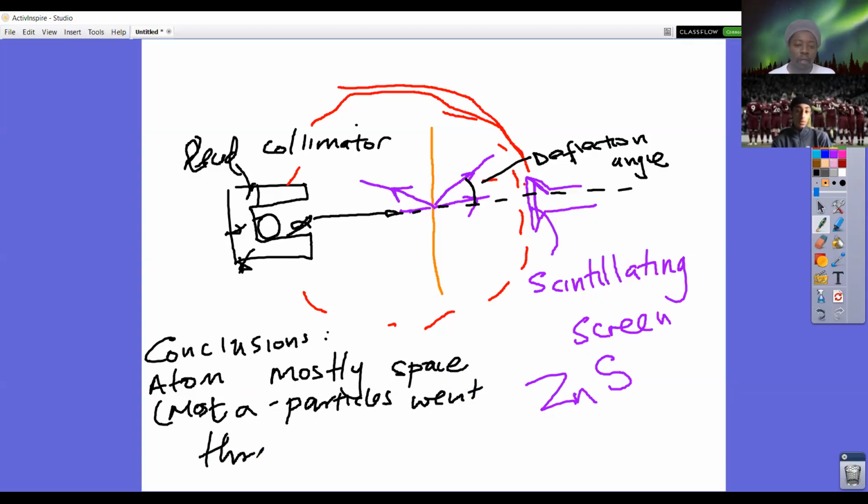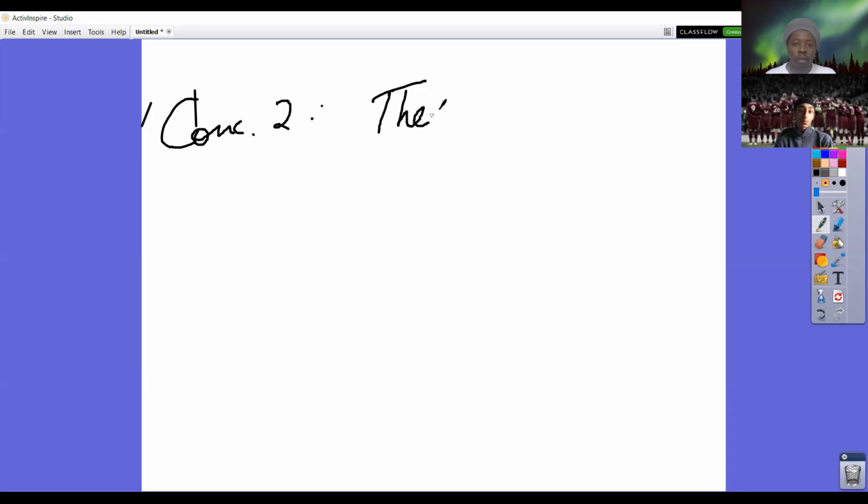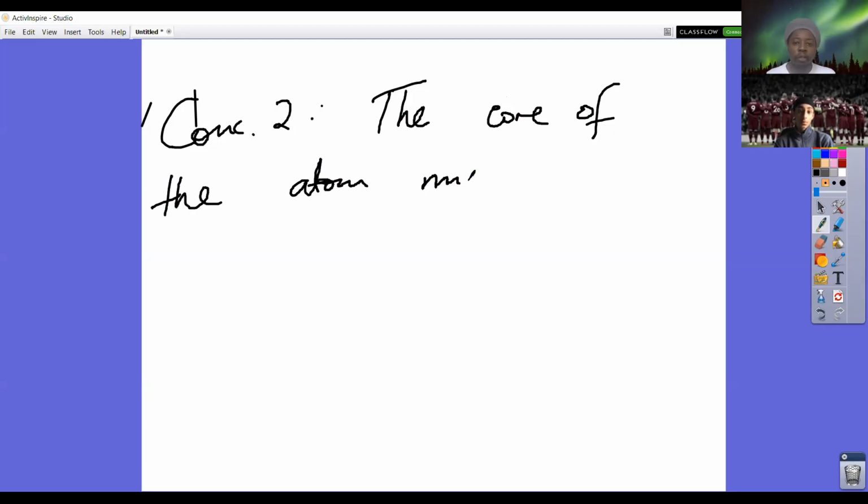Now this is conclusion number one. Conclusion two: the core of the atom must be positively charged.